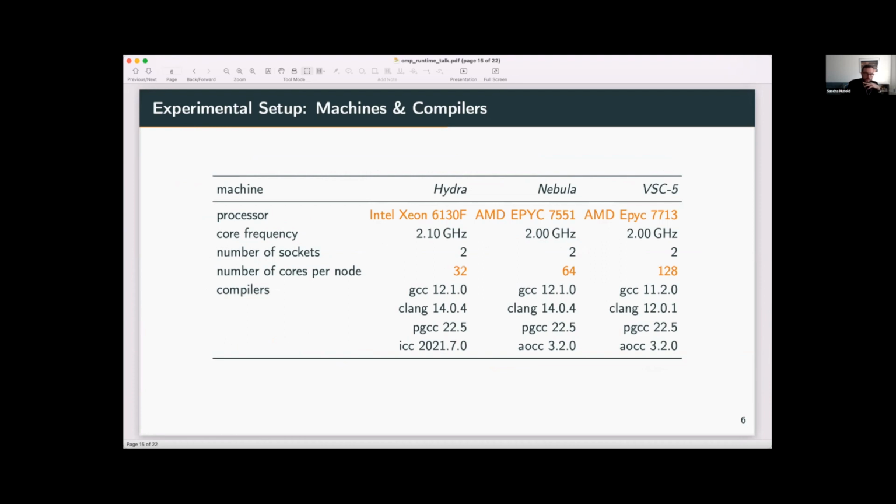In total, the compute nodes that we work on have either 32, 64, or 128 cores. The compilers that we tested were the newest ones back then when we wrote the paper, but they're still fairly recent. On the Intel architecture, we're using ICC, and on the AMD architectures, we also include AOCC.